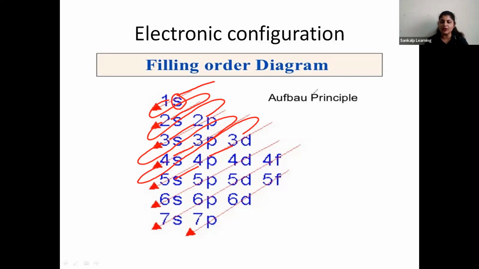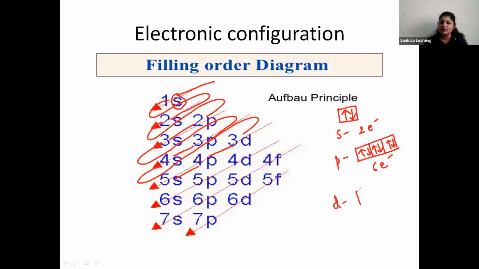Now you remember s. S can accommodate a maximum of 2 electrons. Then p will accommodate 6: 1, 2, 3, 4, 5, 6. The maximum number of electrons in p block elements is 6.